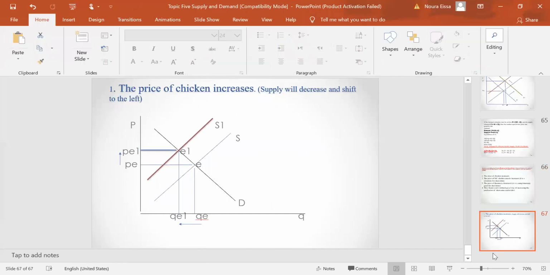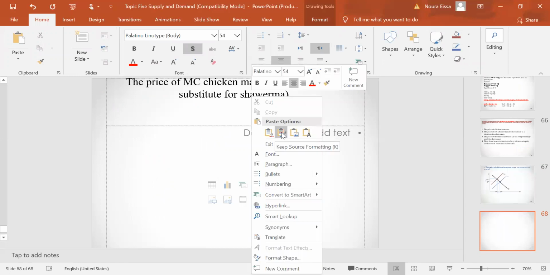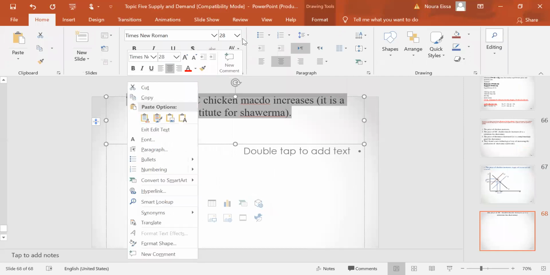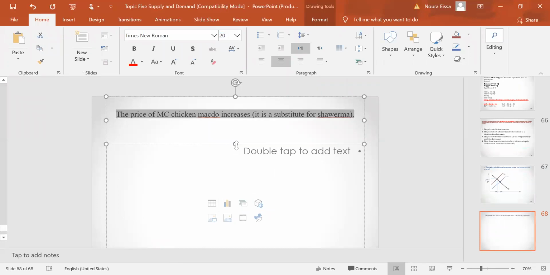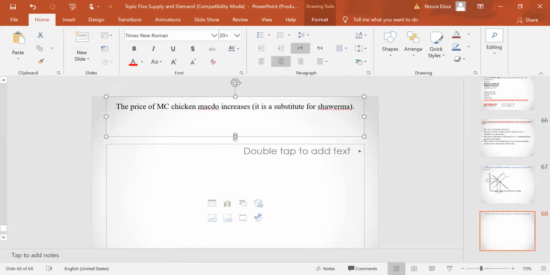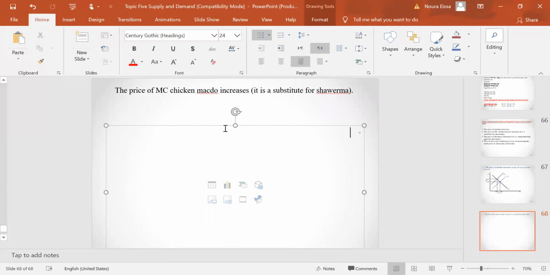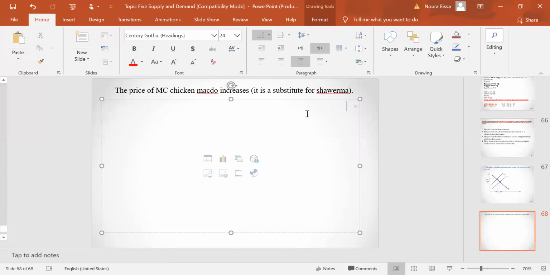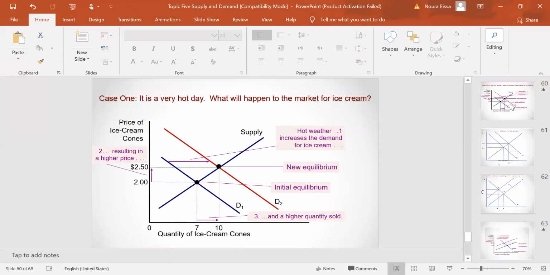Okay, number two. Let's do this. Instead of graphing it again, I'll take this graph.